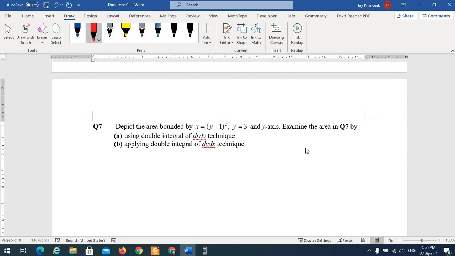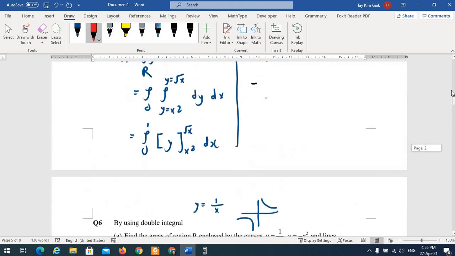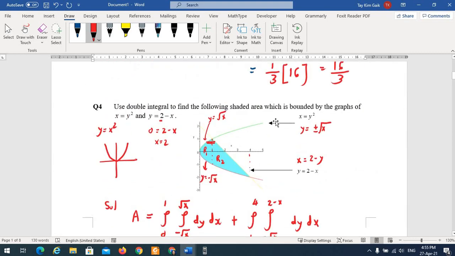So just now you had the curve x equals y squared, right? This one is x equals y squared. Now if you want x equals y minus 1 squared, what happens?